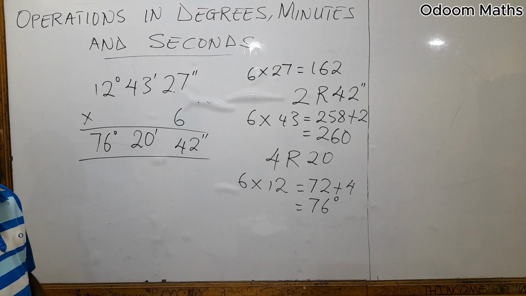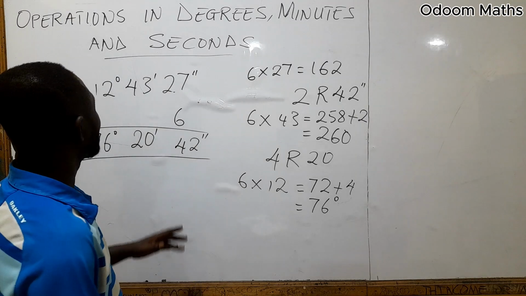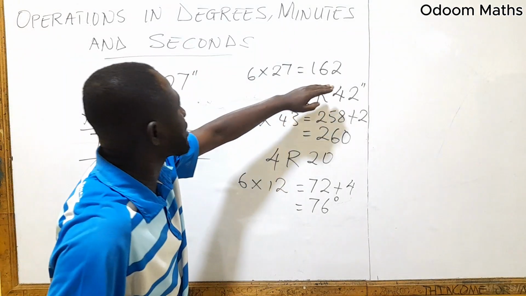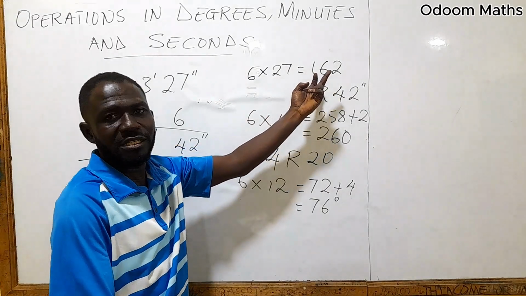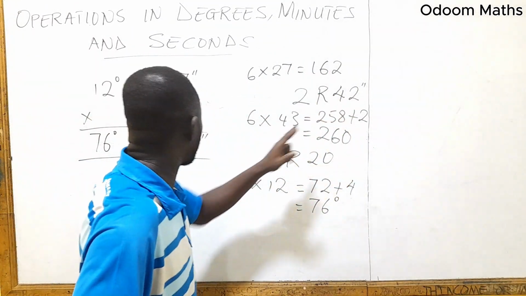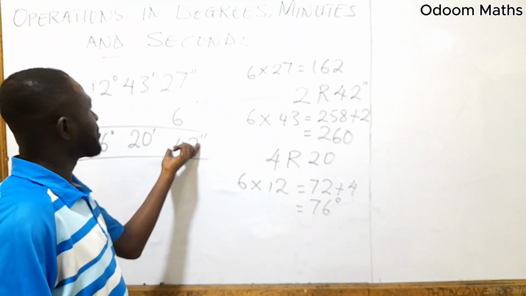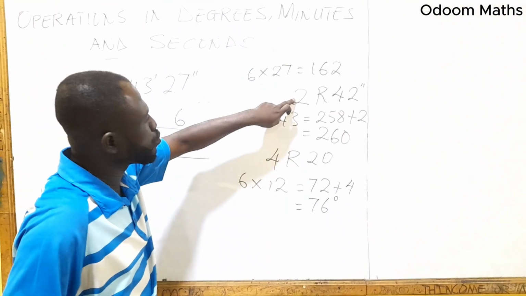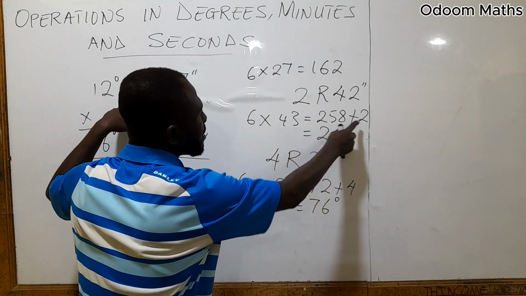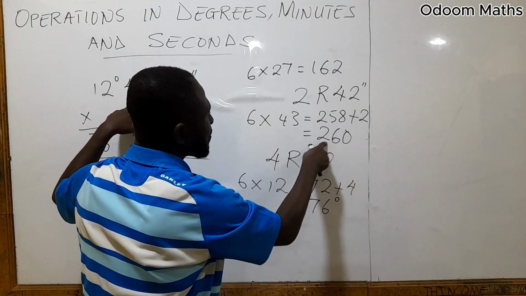Okay, let's look at one more example. Like the procedure, we take this to multiply, and we take 60s from this. If you subtract the first 60, second 60, the remainder is 42. So that 42 becomes the seconds. Then the 2 will be used here. We multiply 6 and 43 and get 258, plus this 2, that gives us 260.